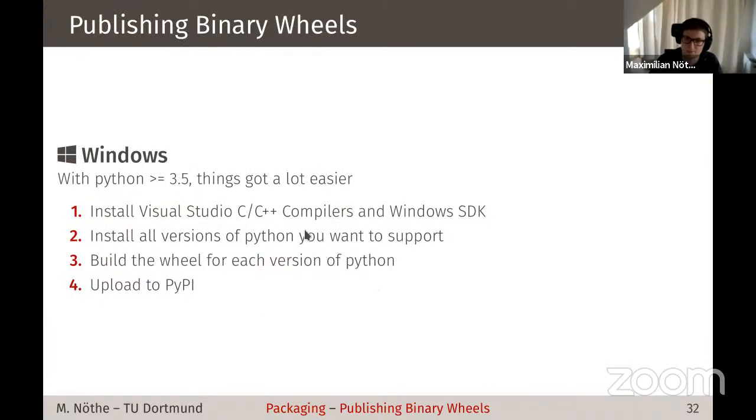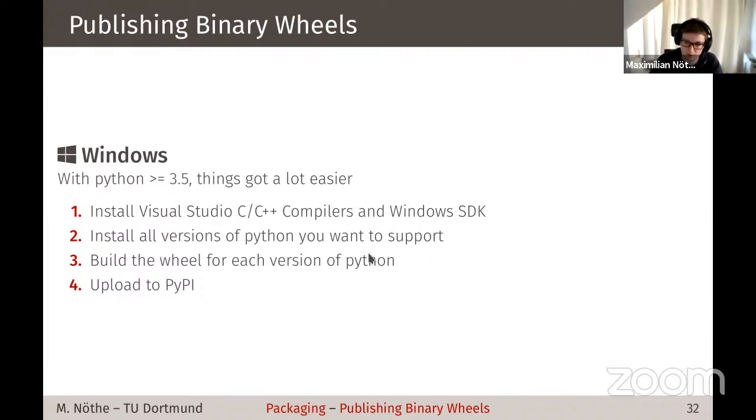And then we have the 3 main operating systems. So on Windows, everything got a lot more simple with Python 3.5, which is now also not supported anymore. So basically, we also only have to care about Python 3.6 and higher. So the situation is much simpler now. We have to install the Visual Studio C and C++ compilers and the Windows SDK.